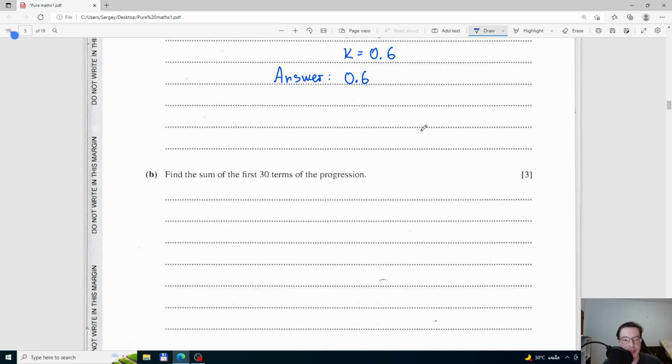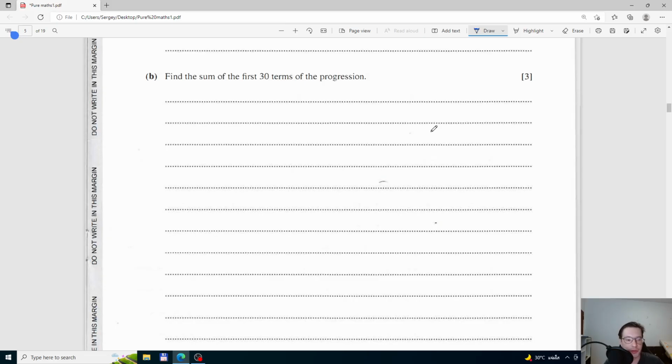Okay, next question. Find the sum of the first 30 terms of the progression. I will need the formula for the sum of an arithmetic progression, which is the first term plus the last term, over 2, and I multiply it by the number of terms, which is 30.